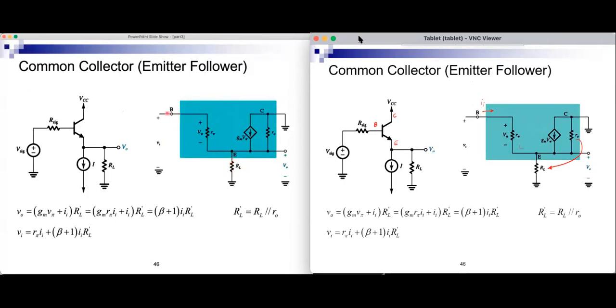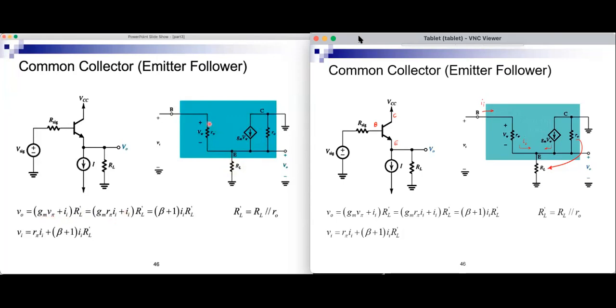I also have, in the case of the BJT, the input current that will flow in R pi and then continue in R prime L. The output is therefore R prime L times this current plus this current. So R prime L times Ii plus gmV pi.